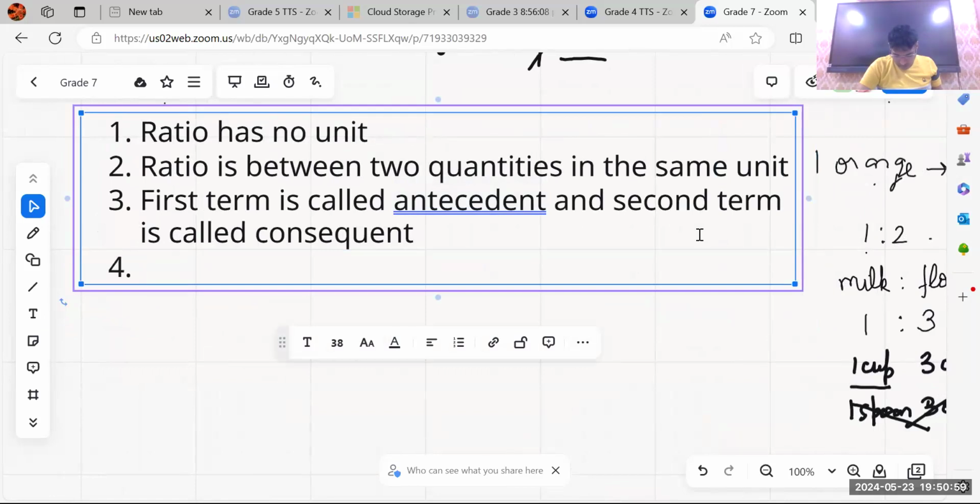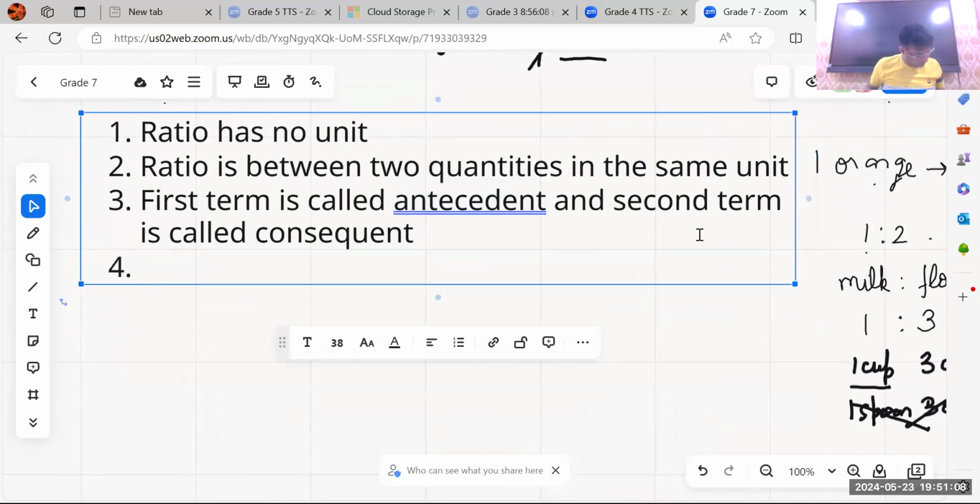So one more point is there. You know that we write ratios with the colon sign, correct?